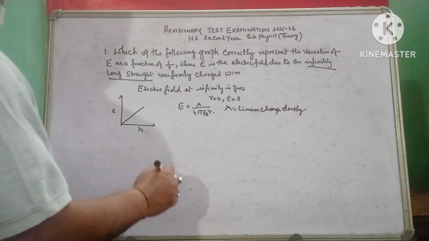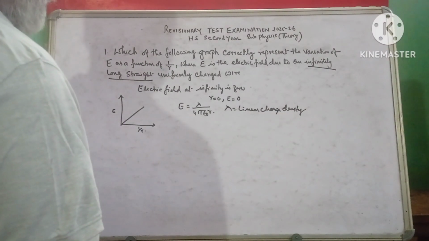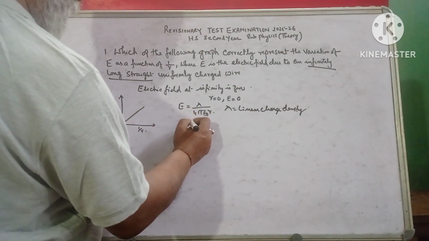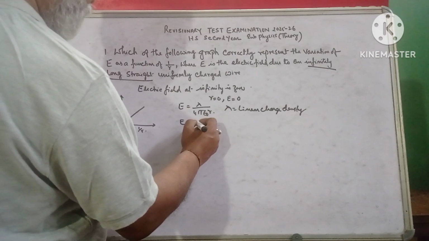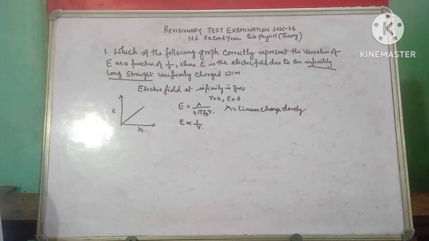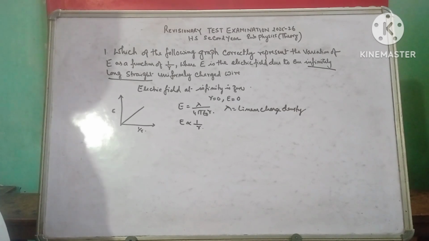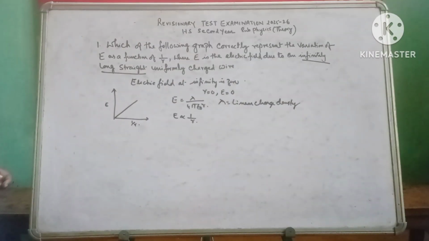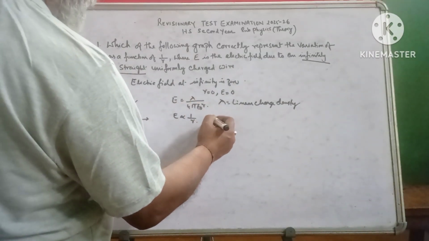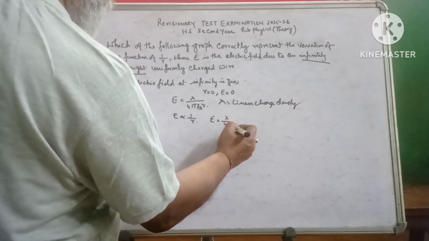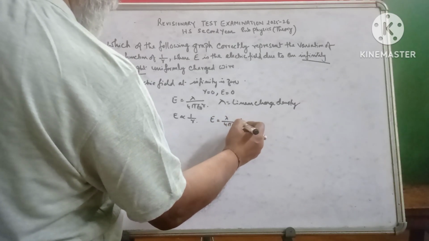So from this, E is proportional to 1 by r. Mathematically, E is equal to lambda by 4 pi epsilon naught into 1 by r.